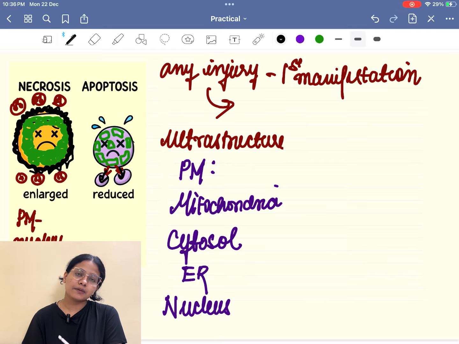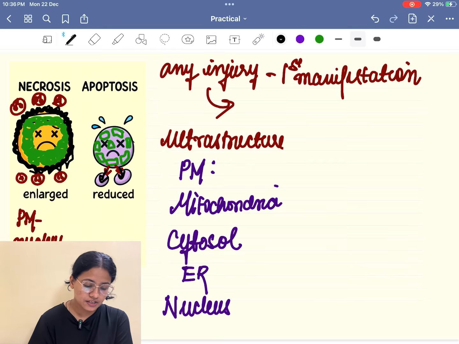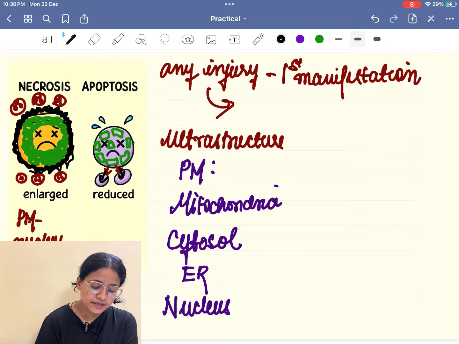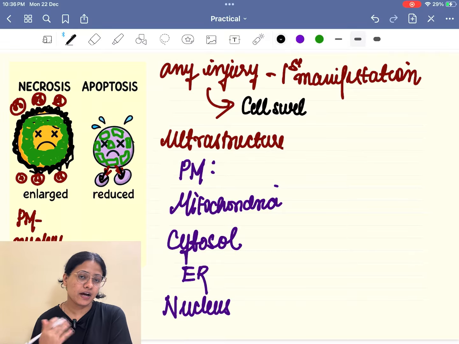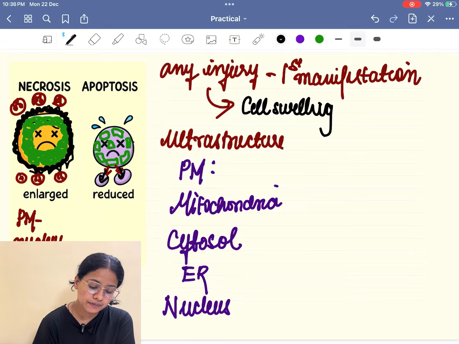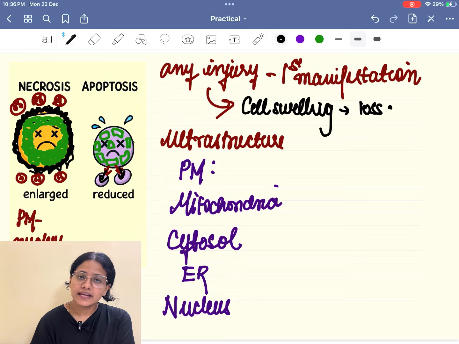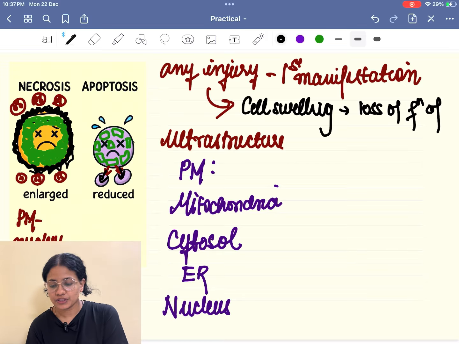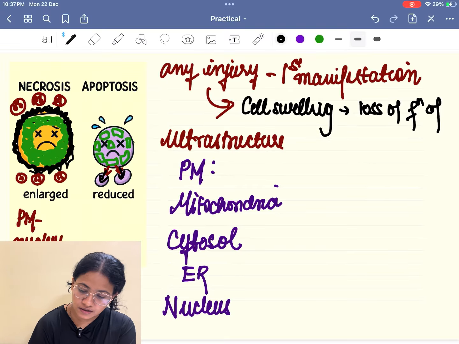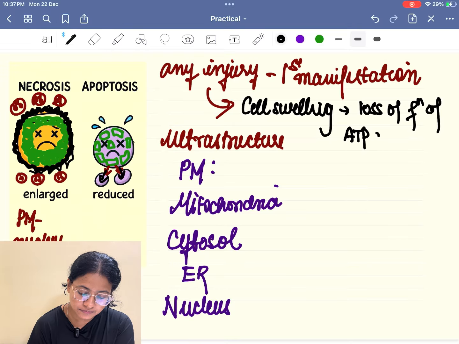So in any type of injury, what is the first manifestation that you see? Okay, there will be cellular swelling. Okay, and why? If I ask why cellular swelling will happen, it is due to the loss of function of ATP dependent sodium potassium plasma membrane pump.